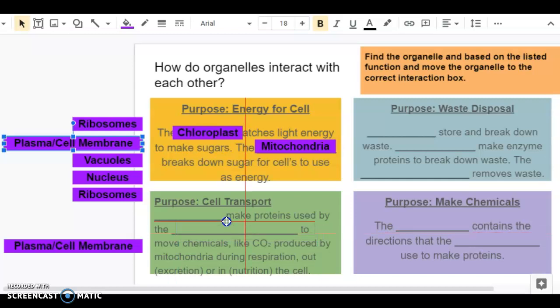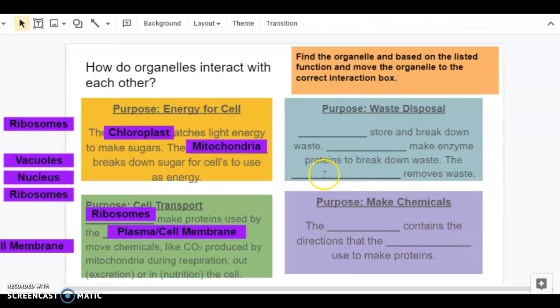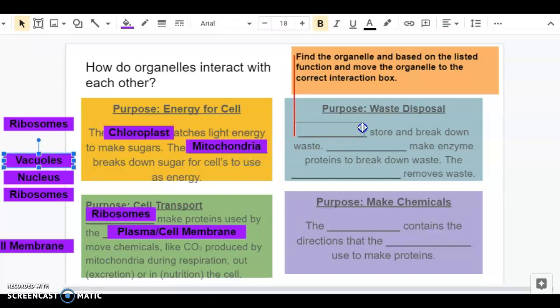The proteins in the plasma membrane will allow the cell to move things in and out. One of the things a cell has to move out is waste products. The vacuoles help them to store that waste separate from the rest of the cell, so the entire cell doesn't get polluted by the waste products until they can move them out.